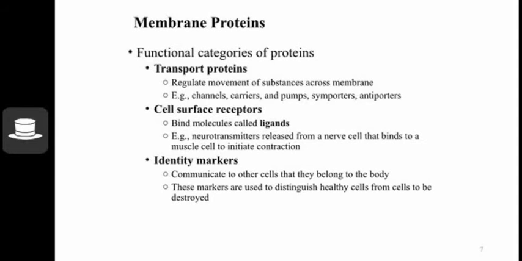So we can use membrane proteins for all kinds of groovy things. We can use them for transport, what allows us to move things both into and out of the cell. Some different ways we can do that we'll talk about later are channel proteins, carrier proteins, pumps, symporters, and antiporters, and these are all ways to move things back and forth across the cell membrane. There's cell surface receptors.